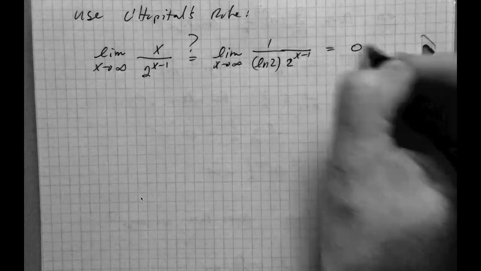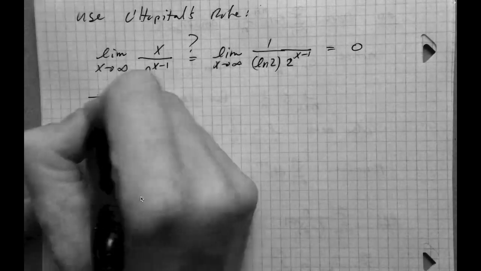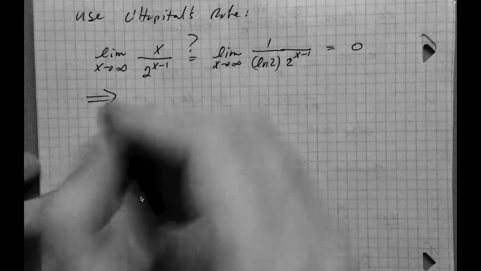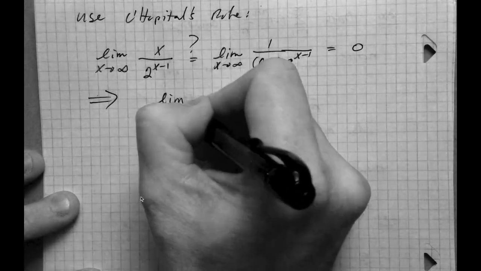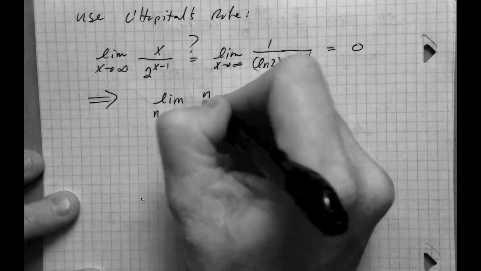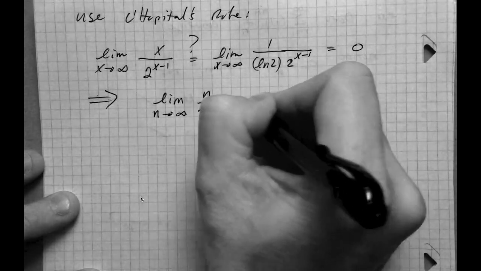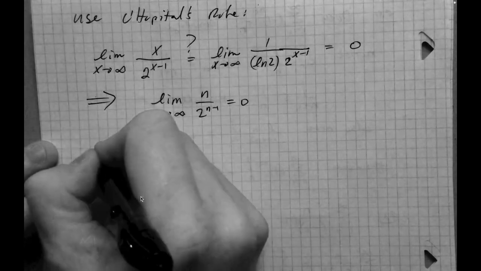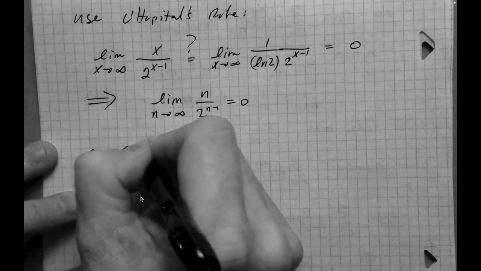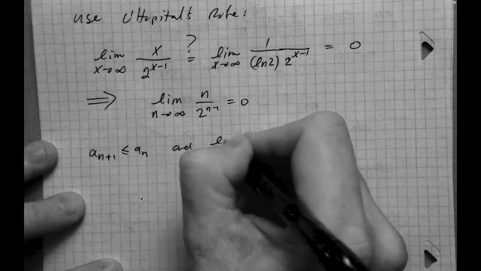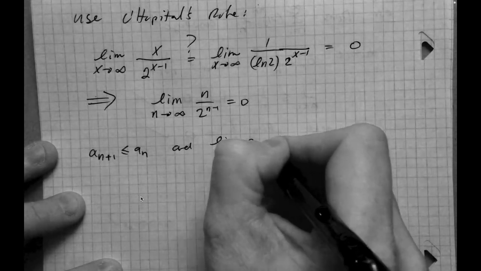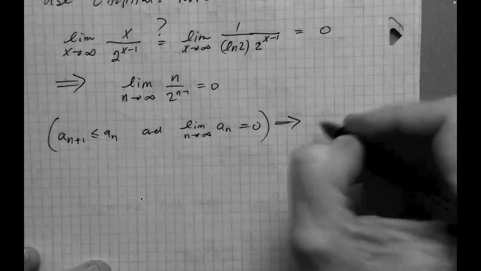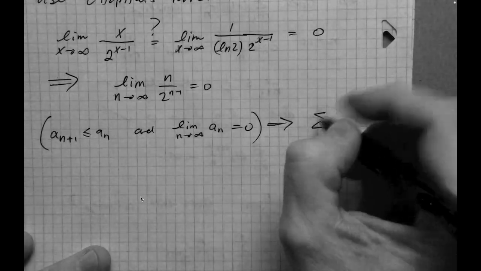If you recall the L'Hopital's rule section, this implies that the limit as n goes to infinity of n over 2 to the n minus 1 is 0. And so the fact that a of n plus 1 is less than or equal to a of n, and that the limit as n goes to infinity of a of n is 0, these two together imply that the series converges.